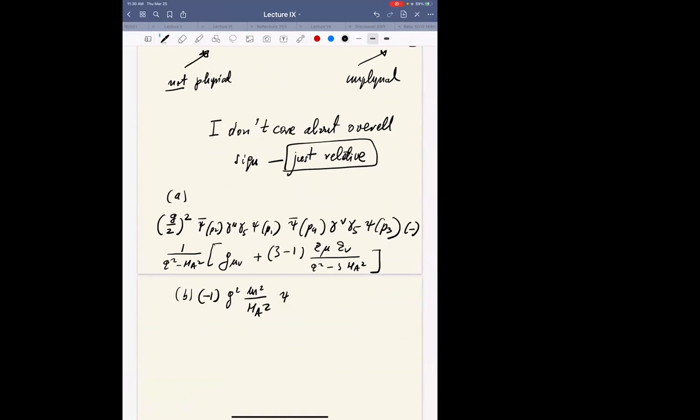This is psi bar p2, gamma 5, psi of p1, psi bar p4, gamma 5, psi of p3, and then there is a propagator times, I didn't worry about the overall sign, so it's just positive 1 over q squared minus psi M_A squared. This is what I have.